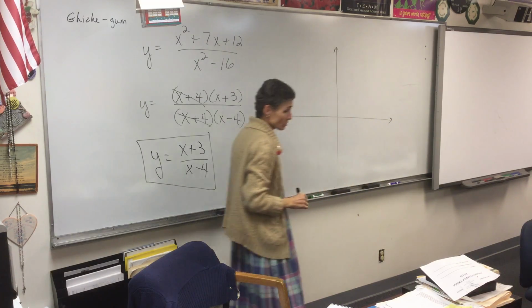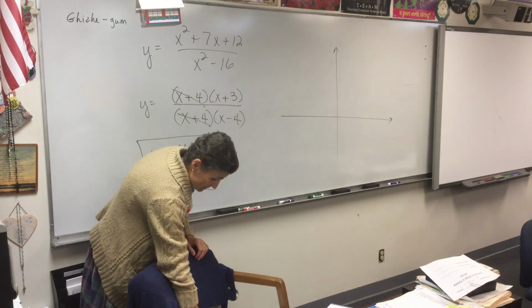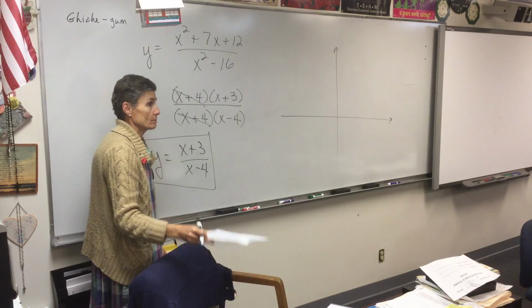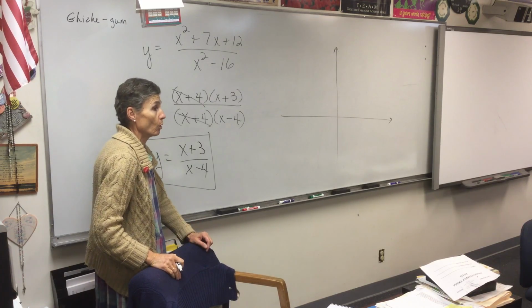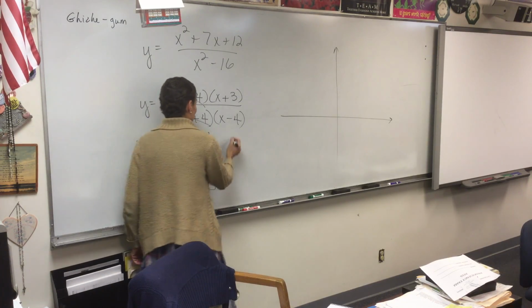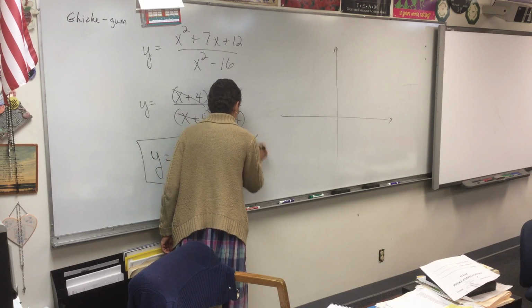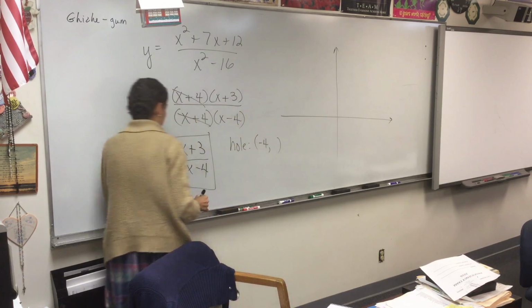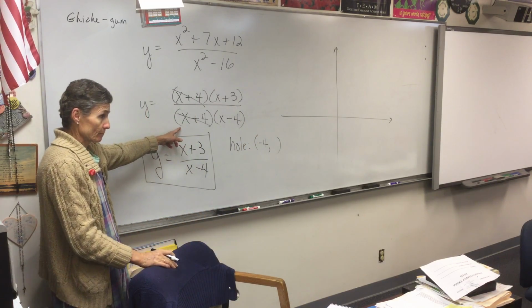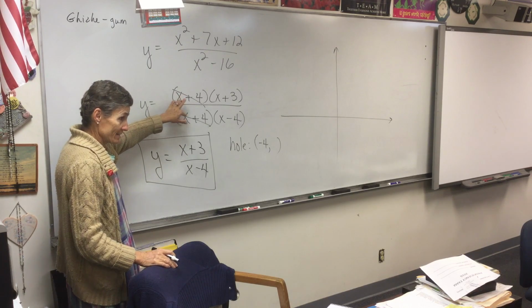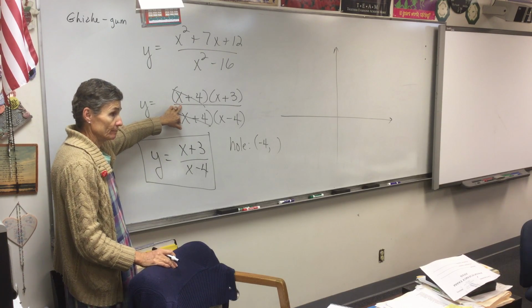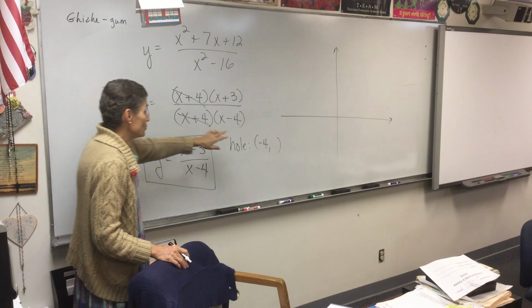The directions on the worksheet say label all. So you're going to label this hole. Where is this hole going to be? It's going to be where x is -4, because that's what canceled out. How do you get the y?